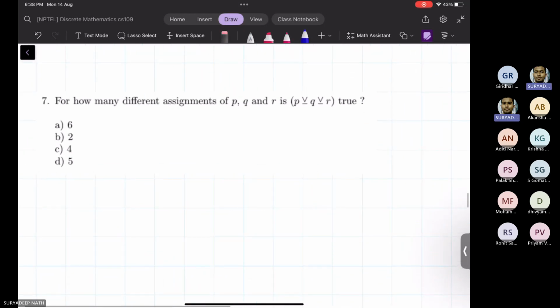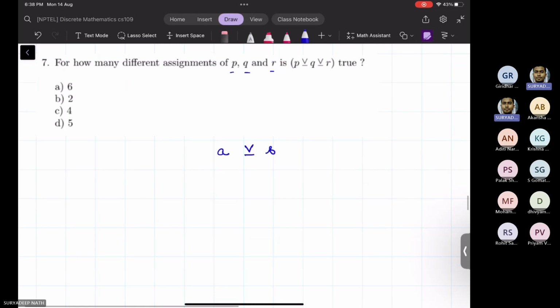You have three logical variables P, Q, and R, and you have P XOR Q XOR R as true. Can anyone tell what this XOR operator does? If you have a logical variable A and another logical variable B, what is the output of this operator?